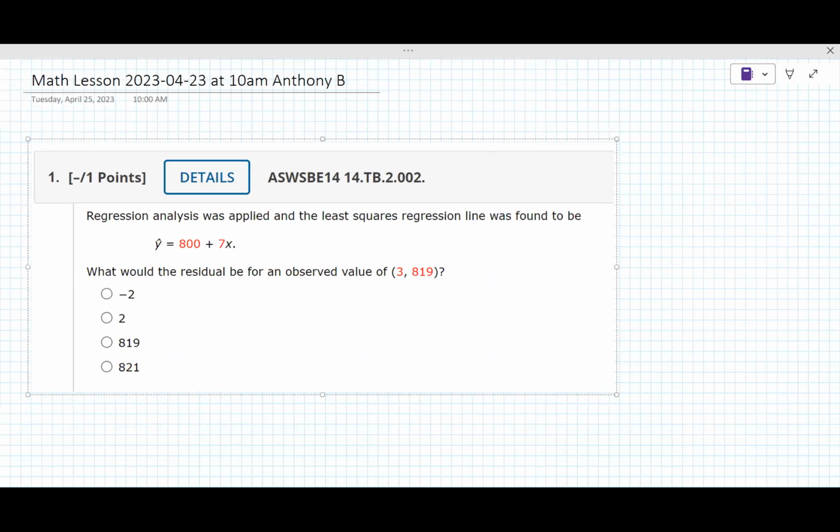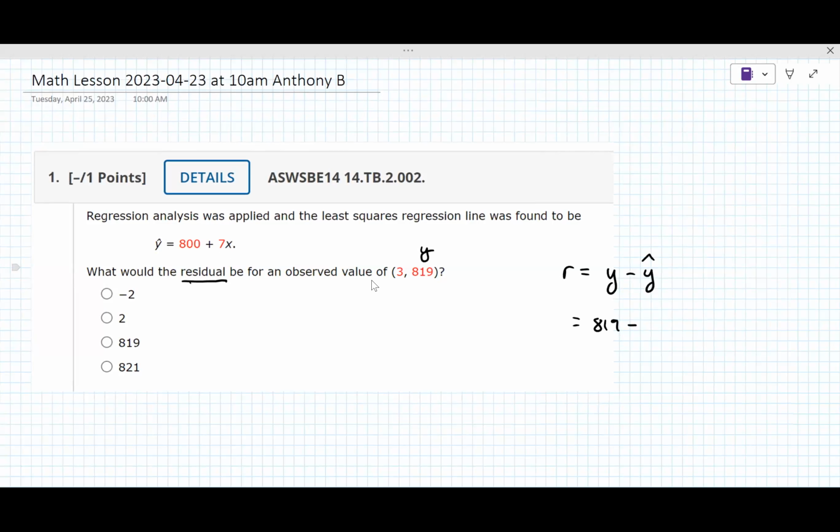All right, so you're kind of closing out the course here with regression. It's where they always go here. So the residual question: they give you an equation and ask for the residual. The residual, and this is something you'll have to know, is y minus y hat. Y is this y right here, so it's 819 minus whatever value we get from putting 3 back into the equation.